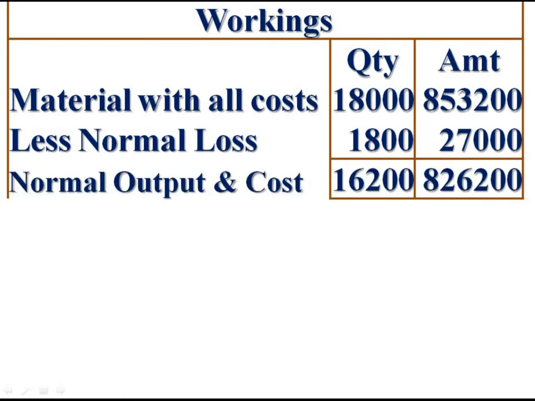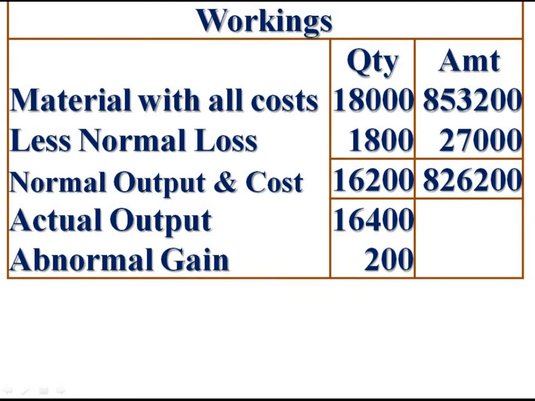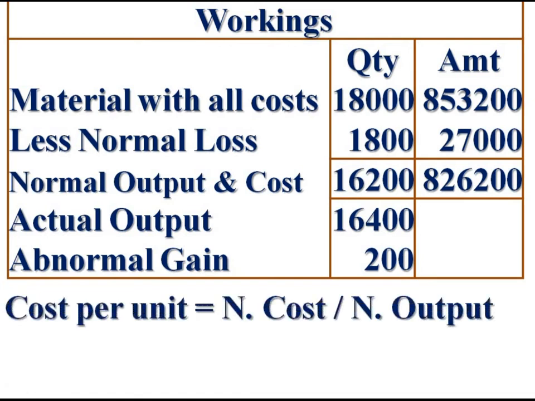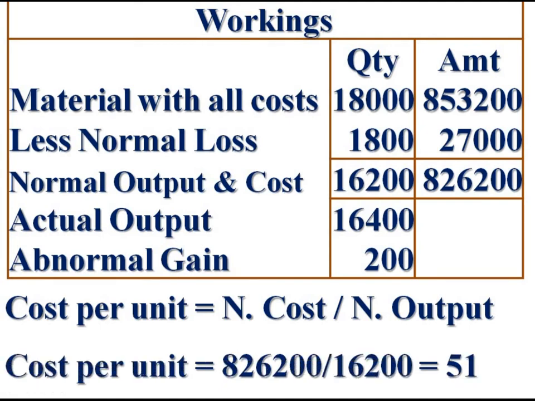Now we get normal output 16,200, normal cost 8,26,200. Then our actual output being 16,400 and abnormal gain 200. Find normal cost per unit. It is normal cost divided by normal output. Here normal cost 8,26,200 divided by normal output 16,200. We get rupees 51.